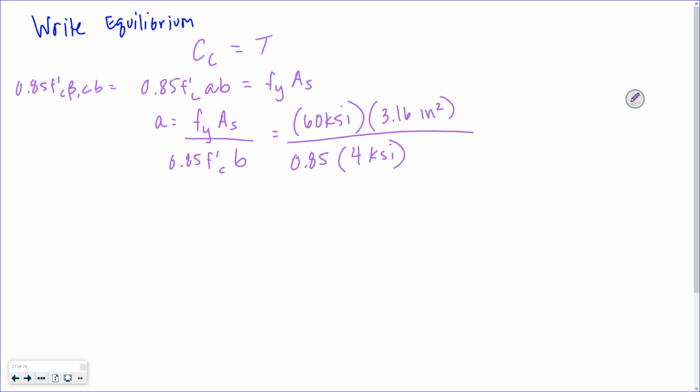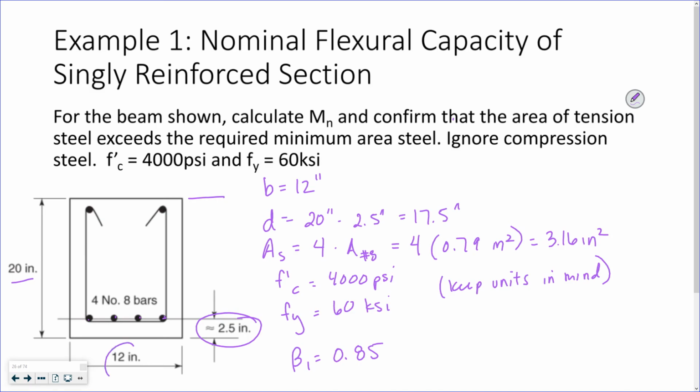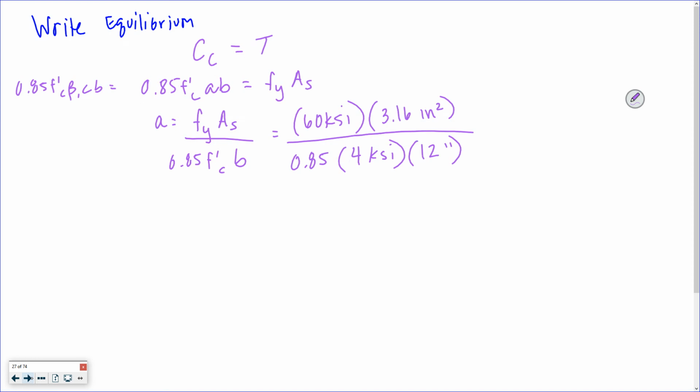I know I told you about keeping it PSI all the time. That only matters if it's under a square root. You can change it if you want right here. Doesn't matter. And the width of my beam is 12 inches. So 60 KSI, 4 KSI. Or you could have put 60,000 PSI and 4,000 PSI. Just keep a hold of those units.